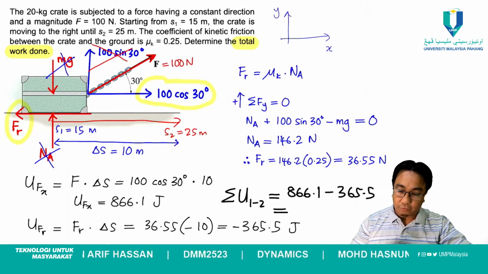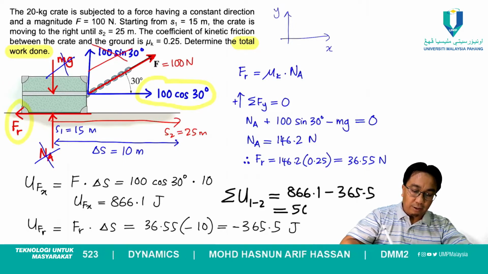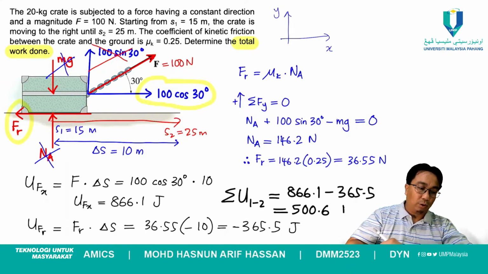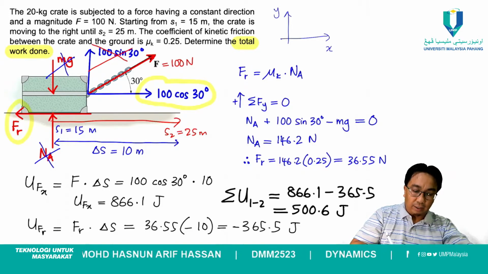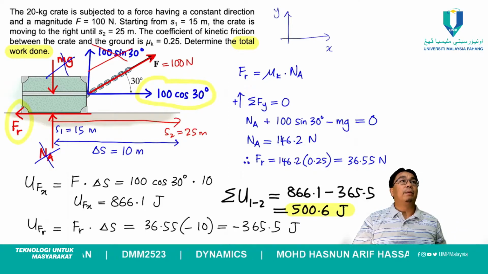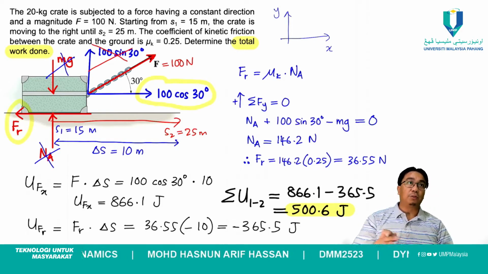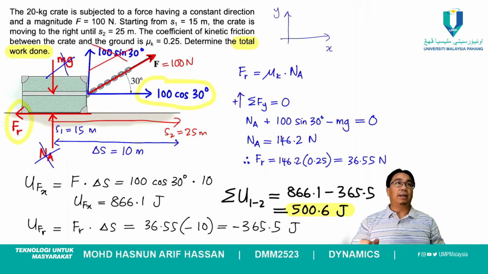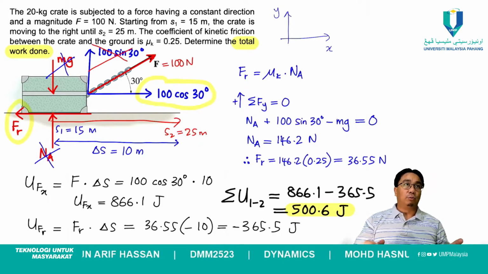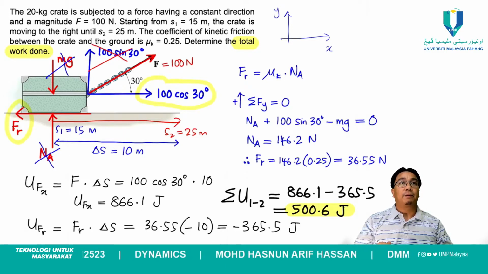You have 500.6 joule. This will be the final answer of the total work done to move the crate from position 1 to position 2. This is the total work done, so it's 500.6 joule. All right.